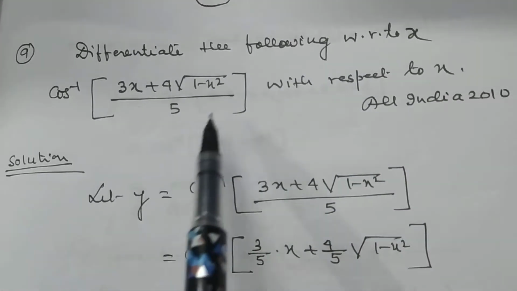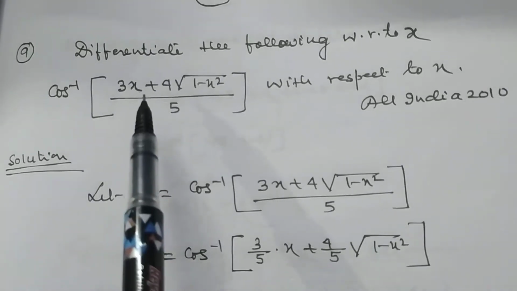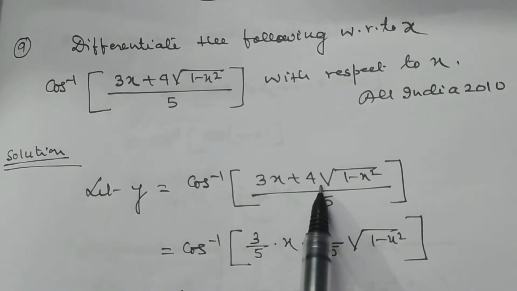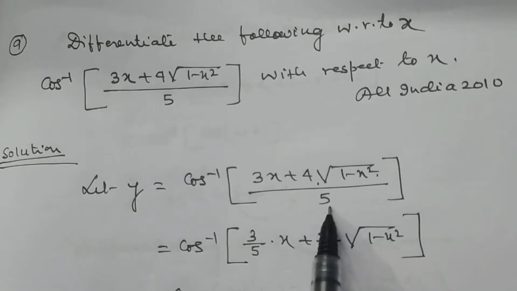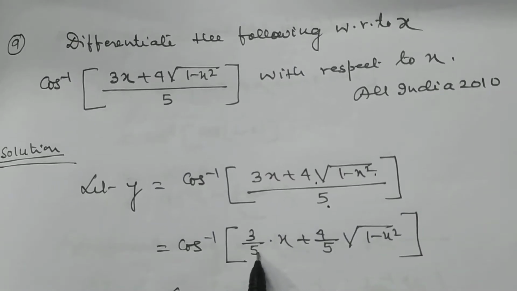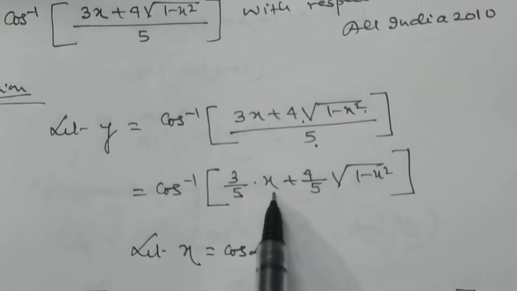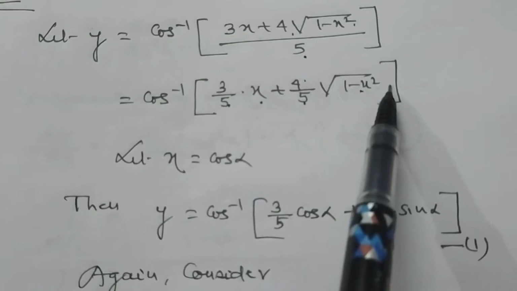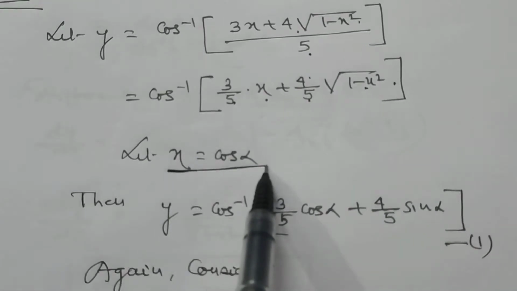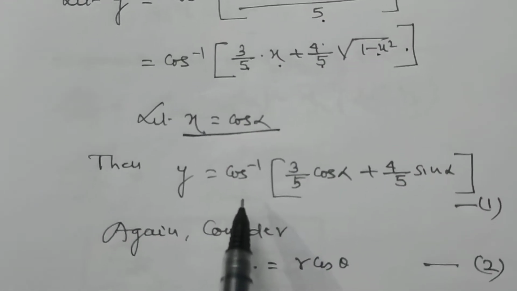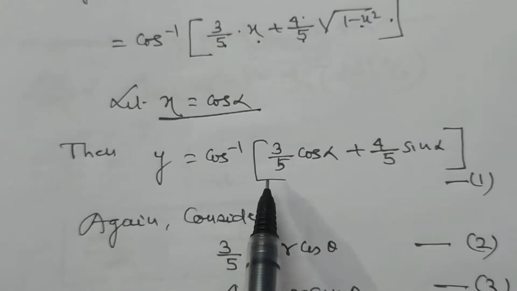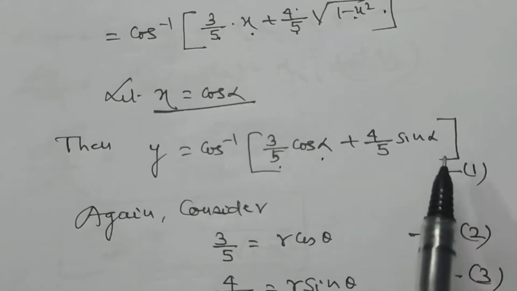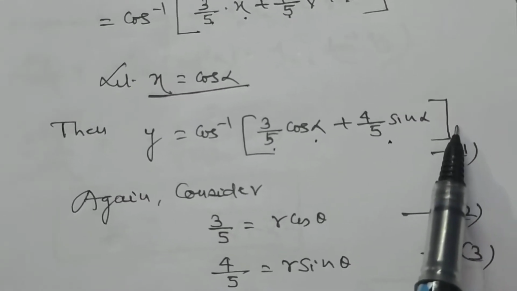My dear students, I want to simplify this expression. It is cos inverse of (3x plus 4 root over 1 minus x square) by 5, and it can be written as cos inverse of 3 by 5 into x plus 4 by 5 root over 1 minus x square. Now put x equal to cos alpha. Then we write cos inverse of 3 by 5 cos alpha plus 4 by 5 sin alpha.